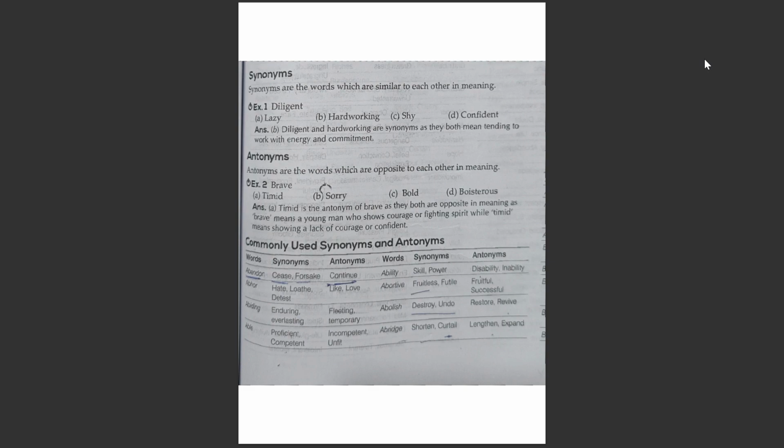So it's given in a tabular format for you to be able to learn as many words as we move along, right? So without wasting any more time, you can read. There is an example given of what synonyms and antonyms are, but I've explained it in much detail in the previous lecture, so you can refer to those videos.